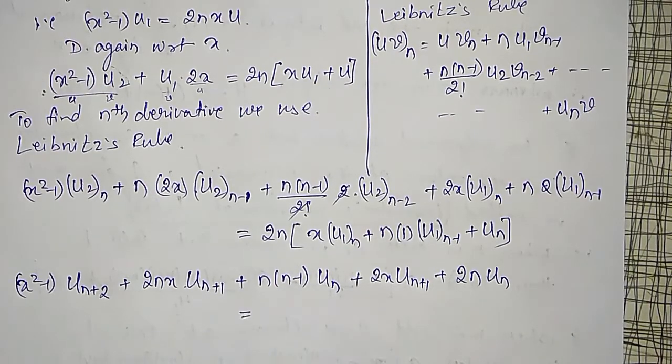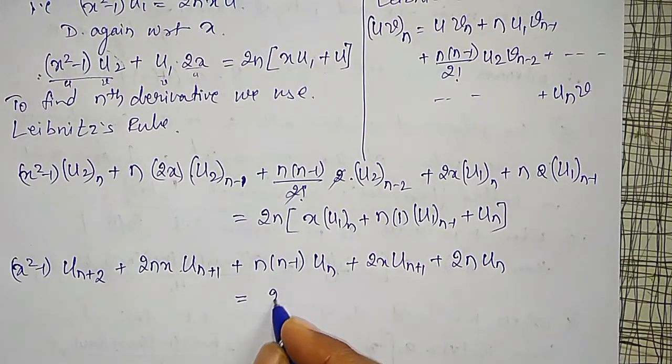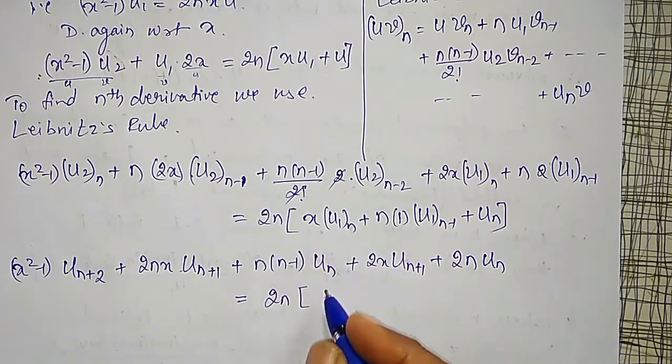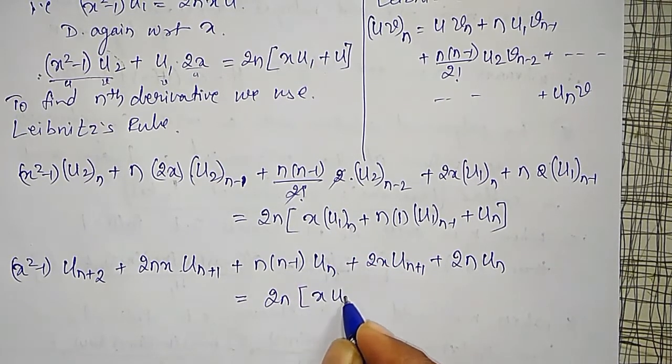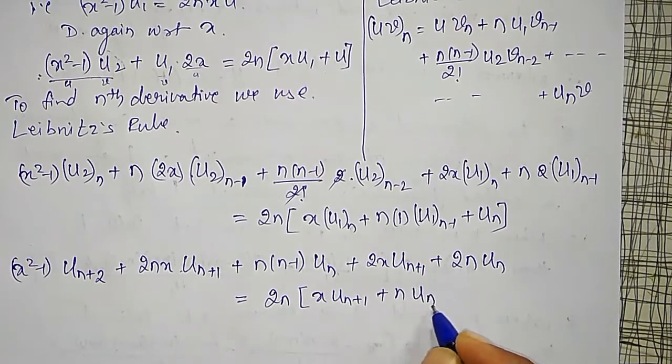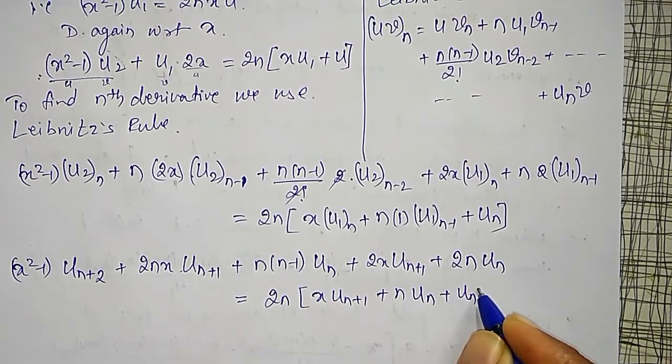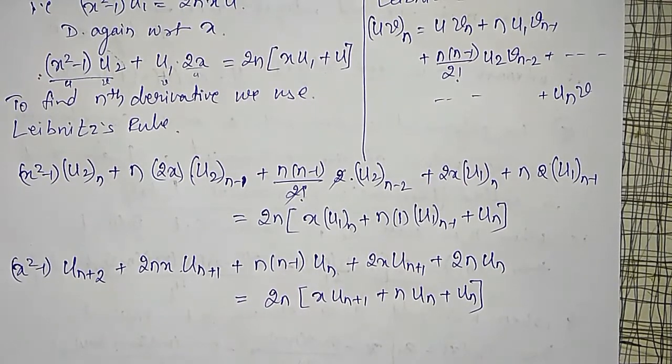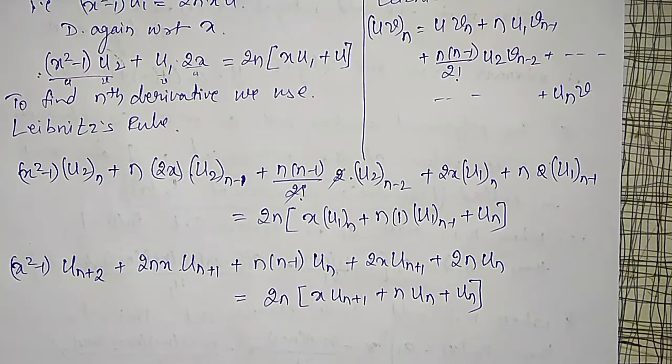On the right hand side it will become 2n into bracket x un plus 1 plus n into un plus un. This is the nth derivative. Okay, let me simplify this, combining the terms containing the same derivatives.